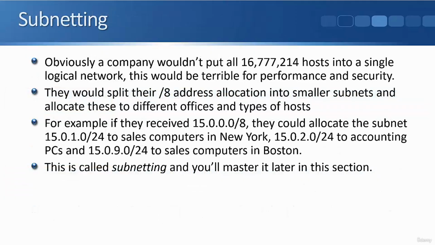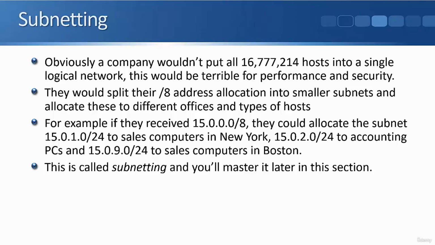Okay, now, obviously, a company that had a Class A address would not put all 16 million hosts into a single logical network. That would be terrible for performance and security. They would split that big /8 range up into smaller subnets and assign those to their different departments in their different offices.